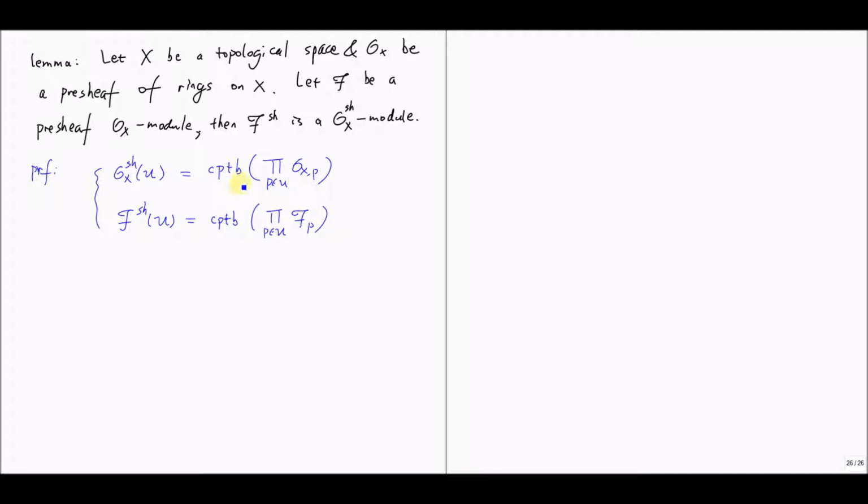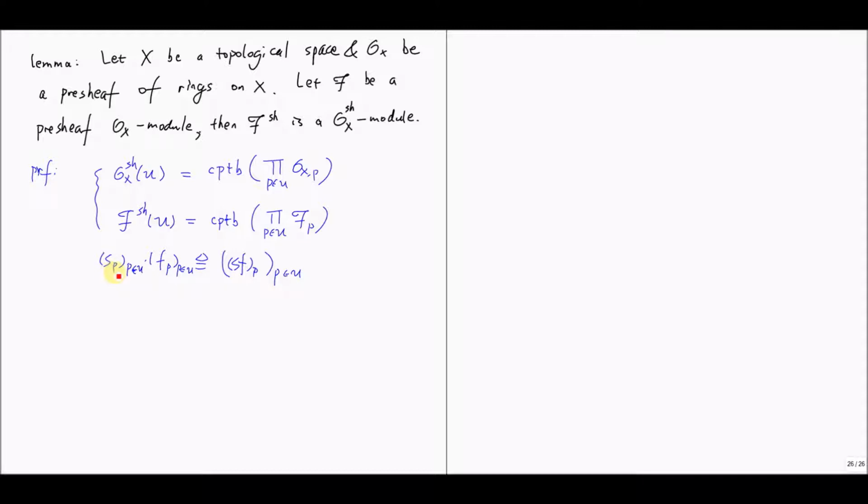Since the compatibility of germs is preserved by addition and multiplication, this is still a ring, and this still has an abelian group structure. The scalar multiplication of elements in this scalar ring and the elements in this abelian group is defined in the following obvious way.